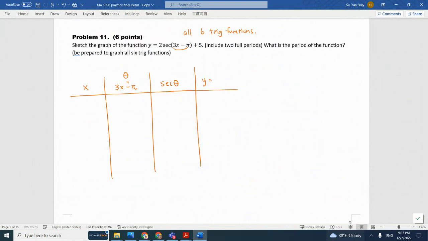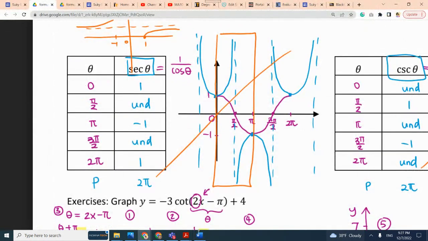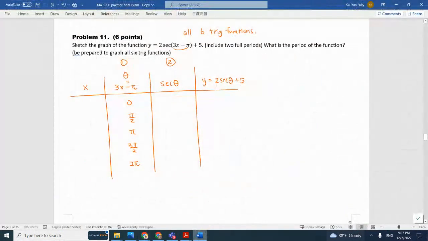And then our y is 2 secant theta plus 5. Our theta: 0, pi over 2, pi, 3 pi over 2, and 2 pi. That's the first step. Second step, secant: 1, undefined, -1, undefined, 1.